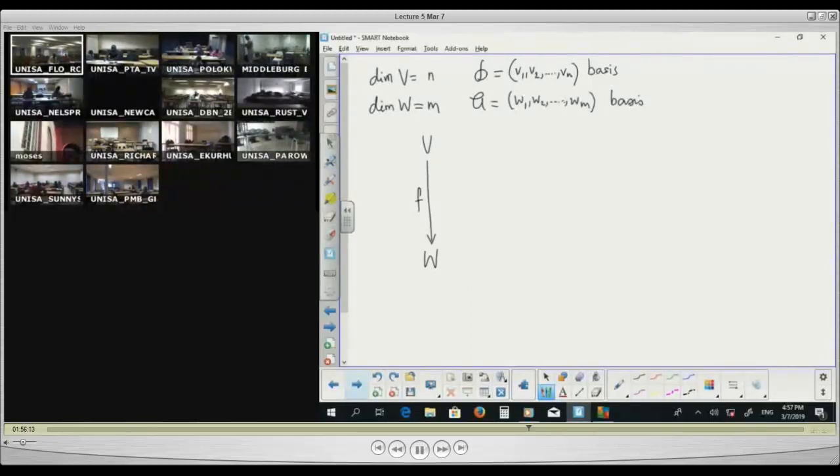I'll write like this to mean that it is an isomorphism. So with respect to the coordinates, with respect to B, I have this linear transformation here. I have also this linear transformation here.